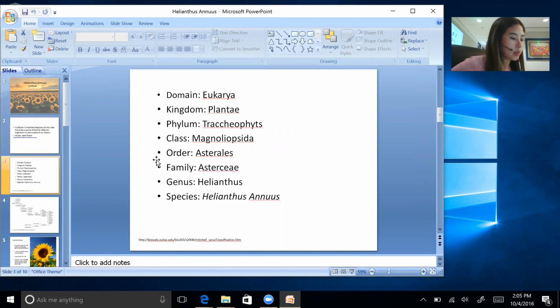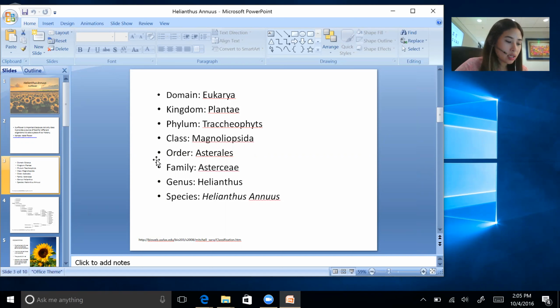The sunflower belongs in the domain Eukarya, kingdom Plantae, phylum Tracheophytes, because it's a vascular, flowering plant. Class Magnoliopsida, because it is a dicot and it has two seed leaves and net-like veins on the leaves.